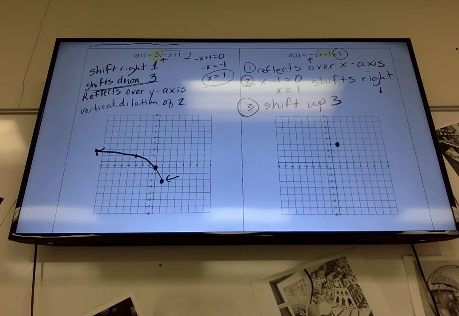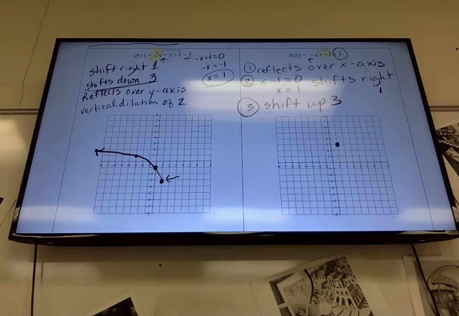So it shifts 1, and normally it would go up 3.